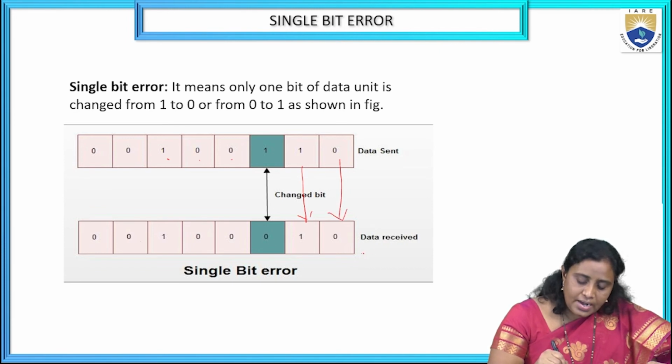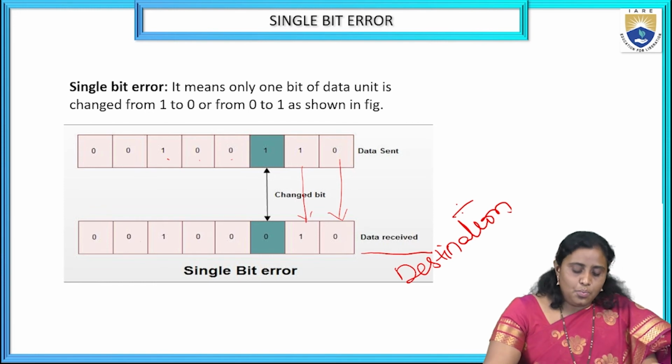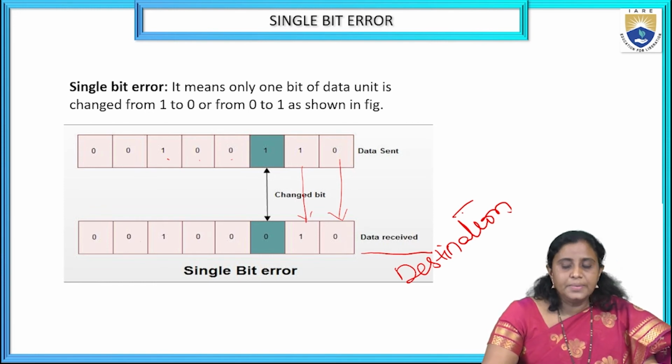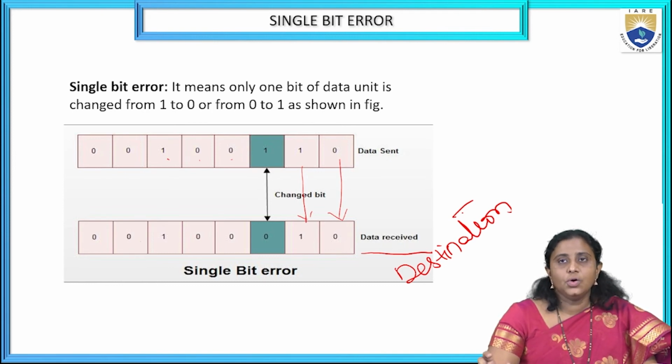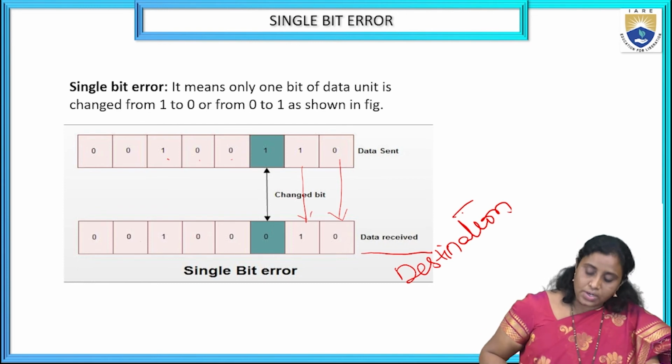This is an example of a single bit error: the data is converted from either 1 to 0 or 0 to 1, as I have already explained.